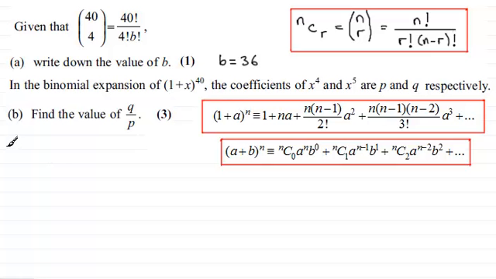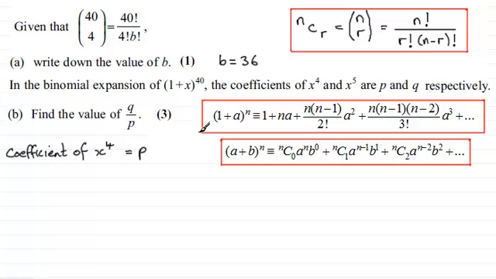So first of all, let's have a look at what we get when we look at the coefficient of x to the 4. We'll just put this in here as a little subtitle, coefficient of x to the power 4. Remember, coefficients are the values in front of, in this case, x to the power 4, and we're told that it equals p. Now, if we were using this version of the binomial expansion formula, then when I compare to what we've got here, 1 plus x to the power 40, a would be the x and n would be the 40.